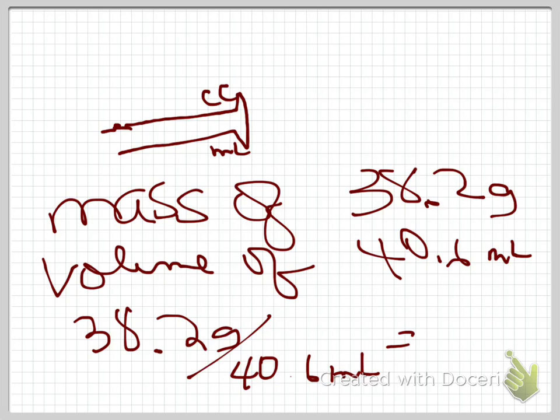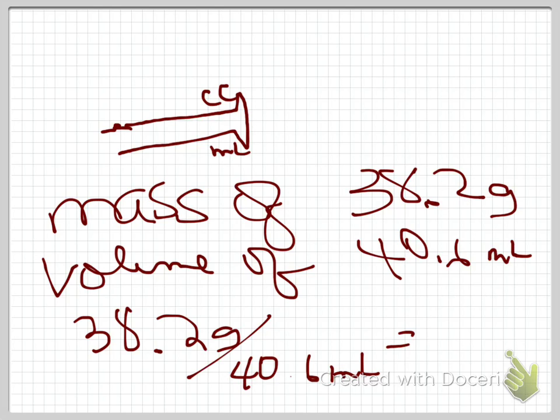And of course, I don't have a calculator. Let me take my calculator. You're also going to be able to, if I gave you, say, the density and the volume, find the mass. You're going to have to do some calculations like that as well.